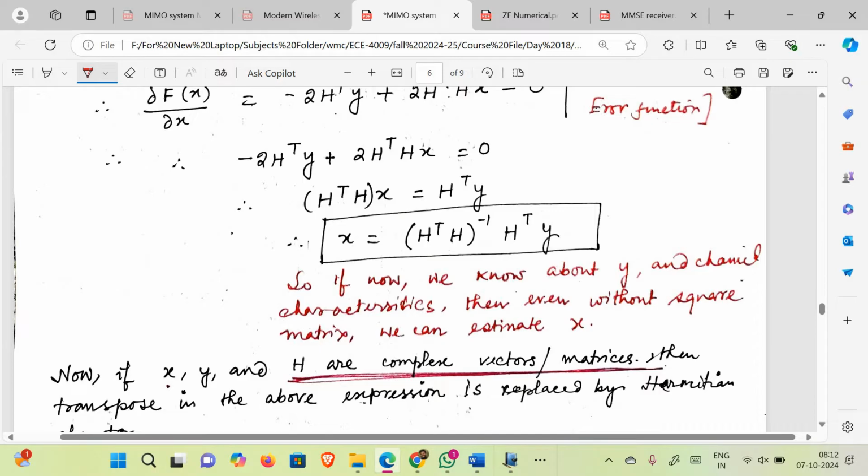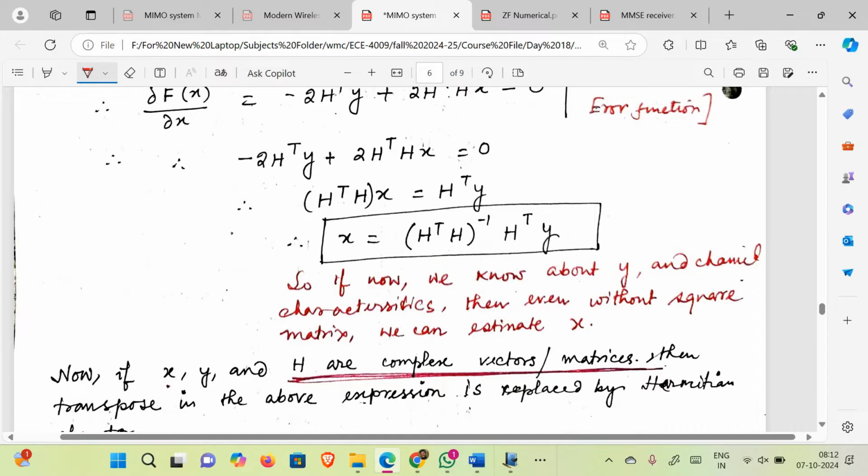Please make a note of this, very important, because the questions we are mostly looking at, due to the limitation of our calculation and to restrict our calculation, in most cases the H will be provided in real values. It won't be complex values. All right.